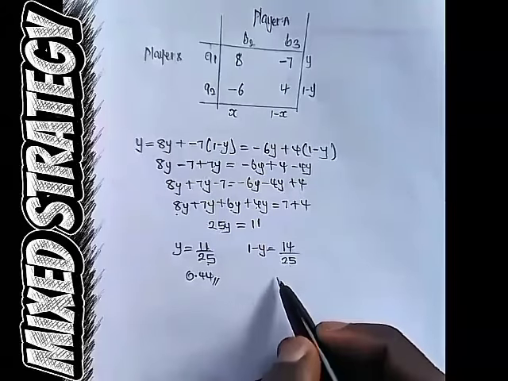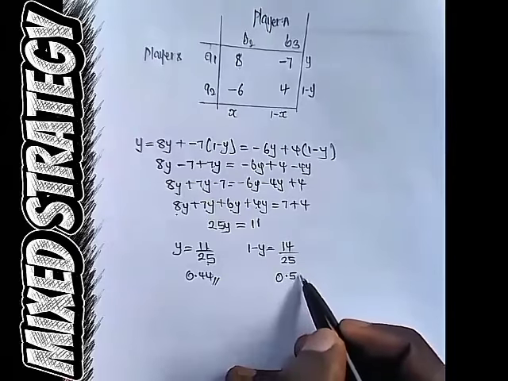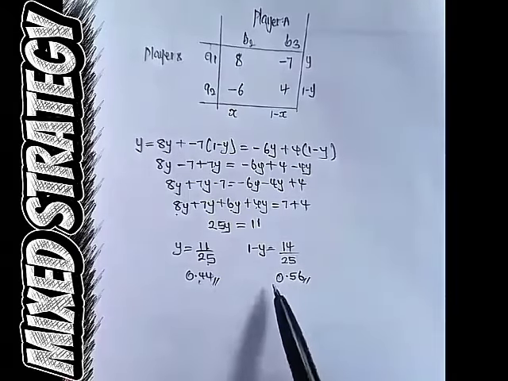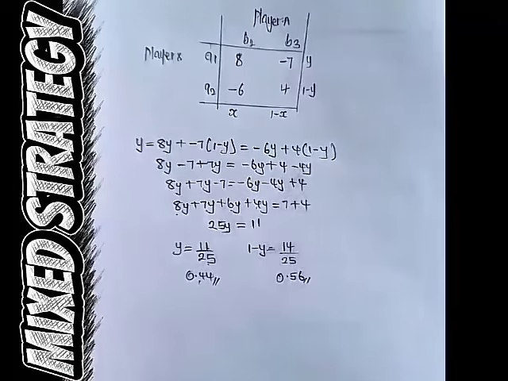14 divided by 25 is 0.56. So I'm going to input this back into the formula.